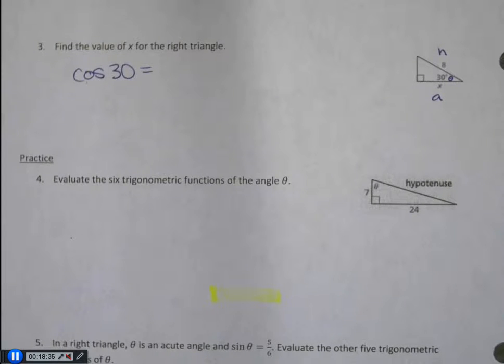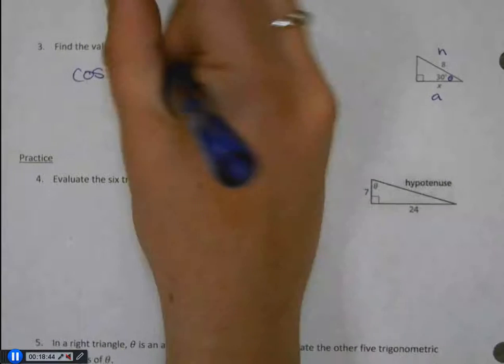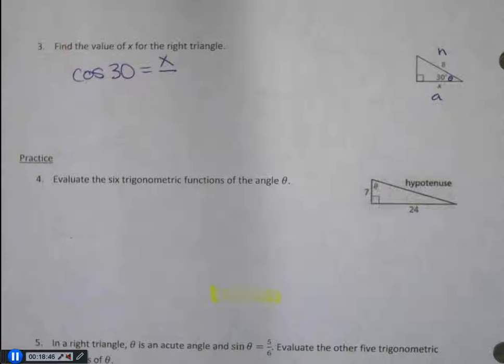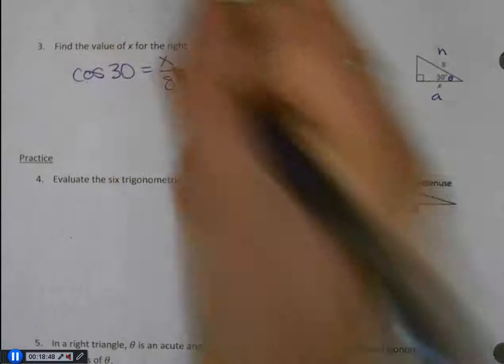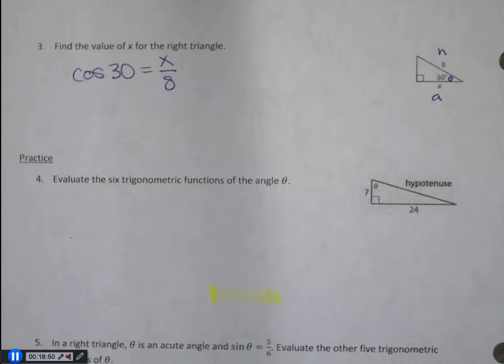Okay, so my adjacent is what? No, 30 is my angle, x. My hypotenuse is 8. Ignoring that cosine of 30 is not a number like we normally see, how would I normally solve this? So if it just regularly said 30 equals x over 8, how would I solve it?